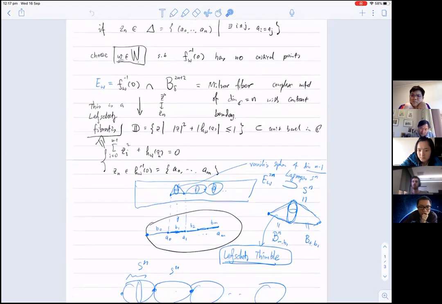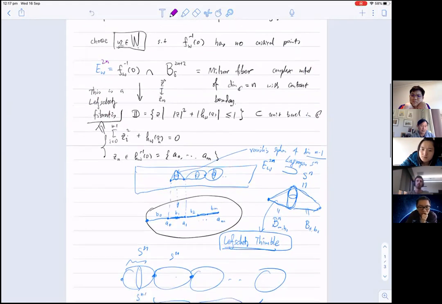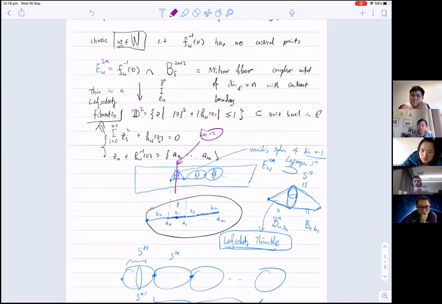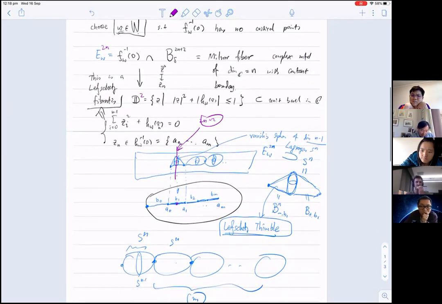If this is dimension 2m and here is dimension 2, then the Lefschetz fiber will be dimension 2m minus 2. And over there we have the vanishing cycles, which are dimension m minus 1.